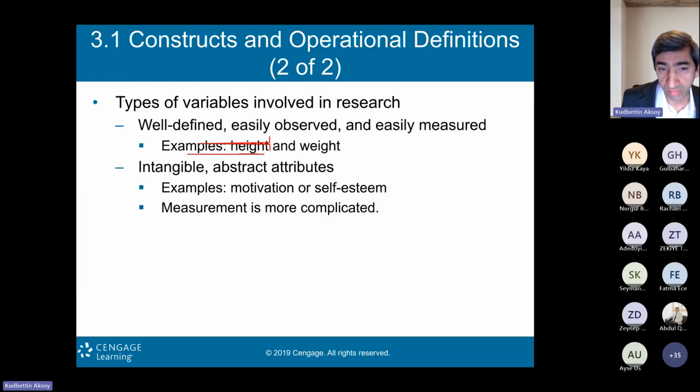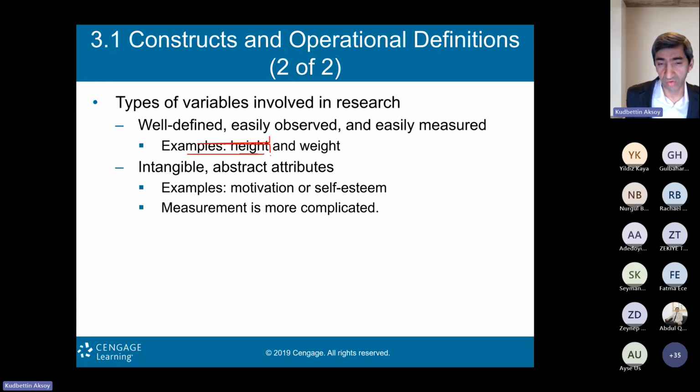If you want to measure the height of a person, you can measure it in inches, and then 1/8 of an inch, 1/16 of an inch, 1/32 of an inch. The more sensitive your measuring tool is, the less measurement error you will end up with. In reality, theoretically, you will never be able to free yourself of measurement error. Nevertheless, this measurement error is not that significant. It's not going to make a huge difference in your study.